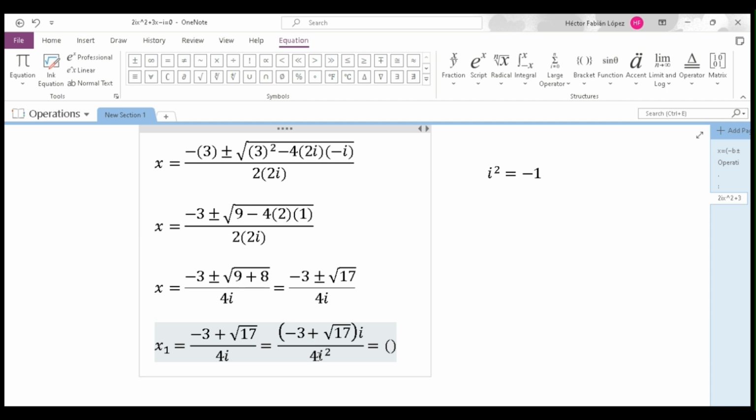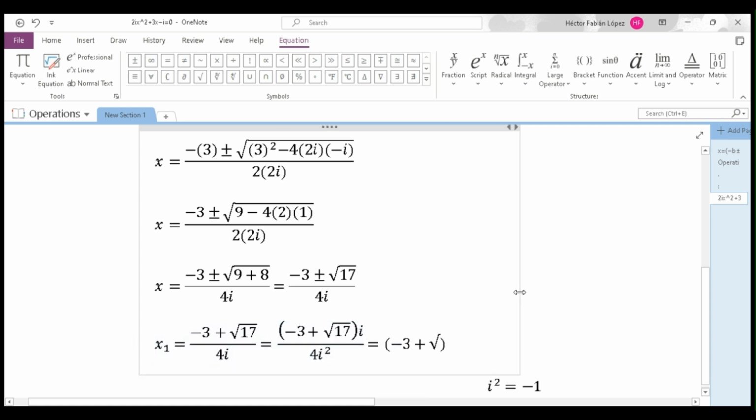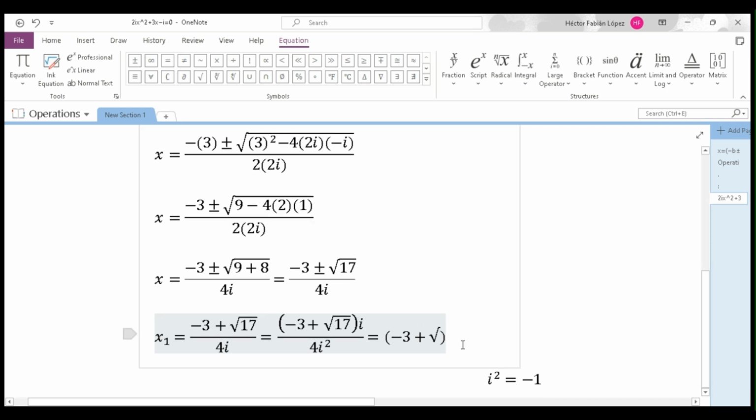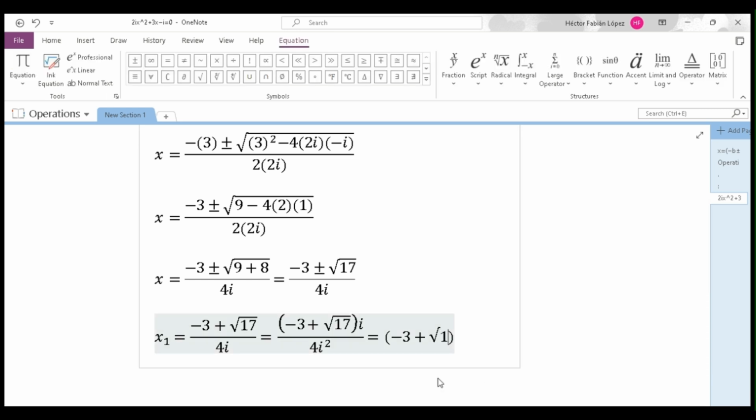After that, we will have negative 3 plus a square root of 17i, all over, here i times i, or i to the second power, is negative 1, and here we have 4.